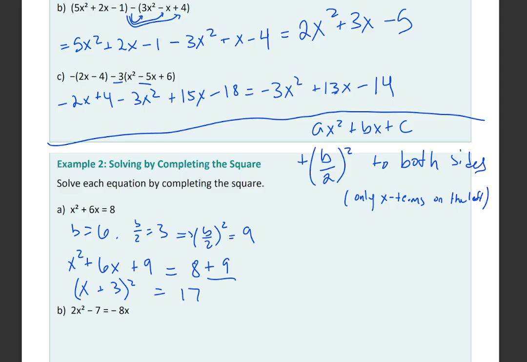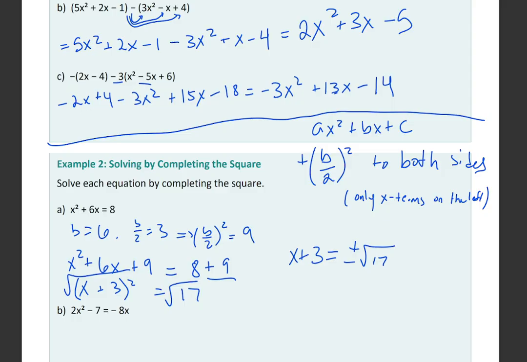All right, so now what we can do is look at x plus 3 quantity squared equals 17. To solve this, we're going to take the square root of both sides. And then we get x plus 3 equals the plus or minus of the square root of 17, because both of those would square to positive 17.